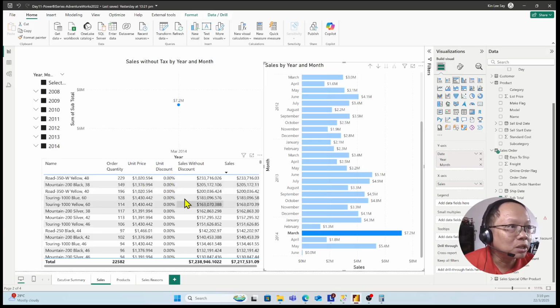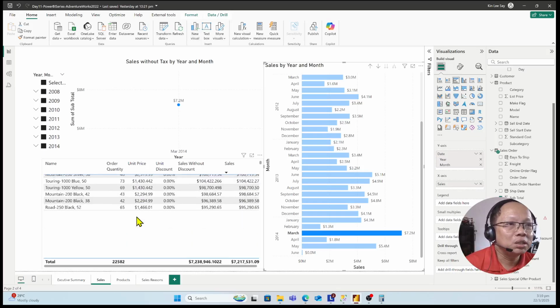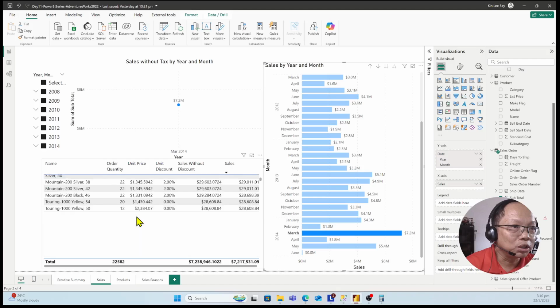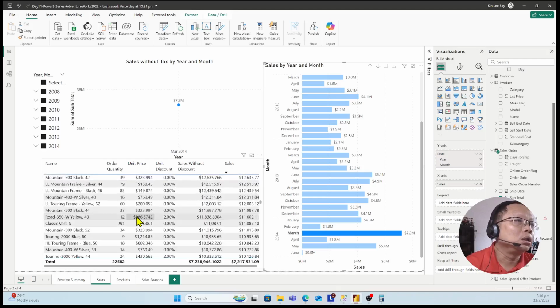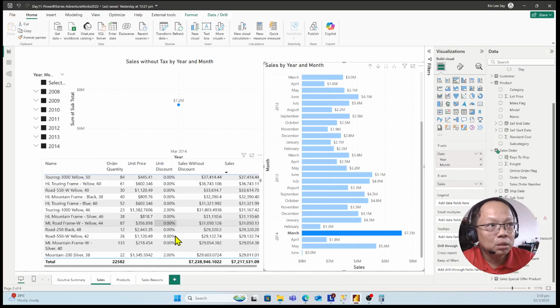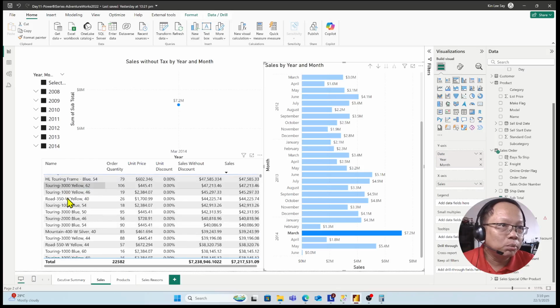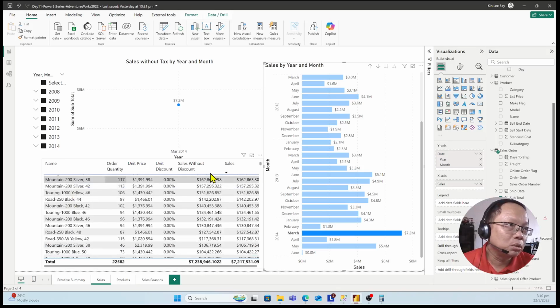There's no unit discount, and we have the sales here at 205. So all these are the products sold for that month in March 2014. So we are now able to know which products were sold, the quantity, and the sales value.